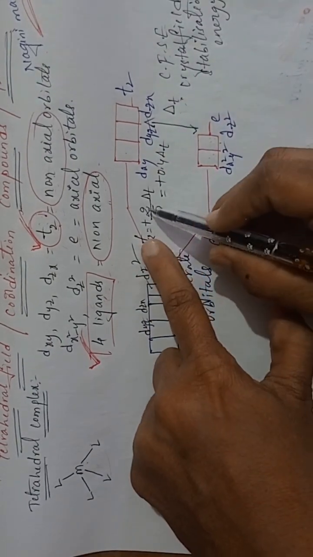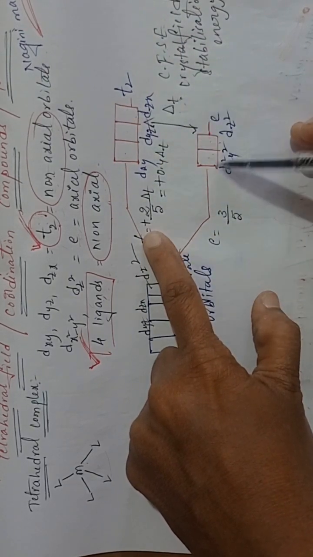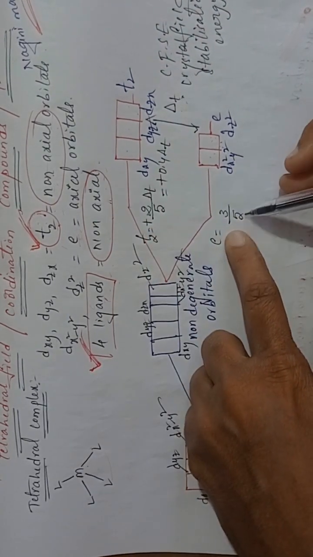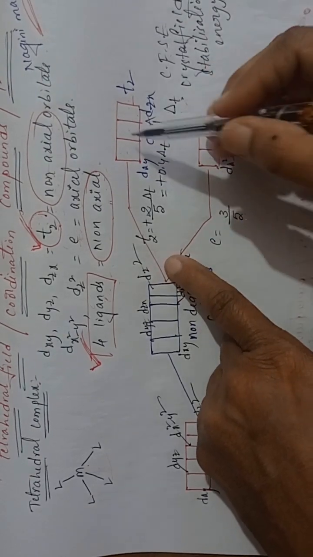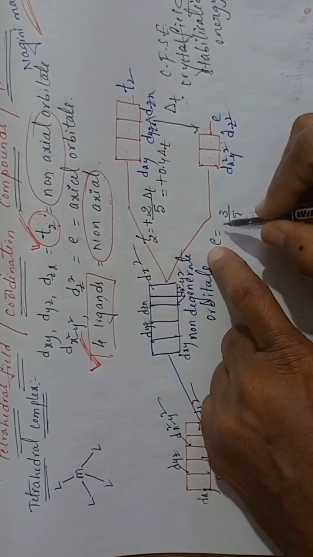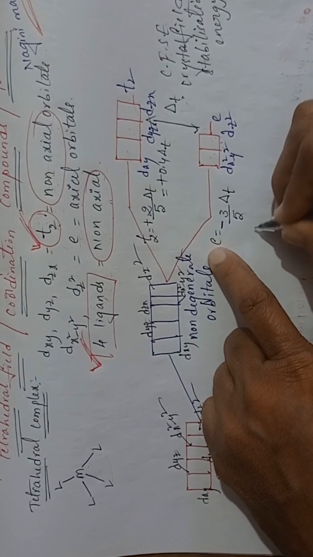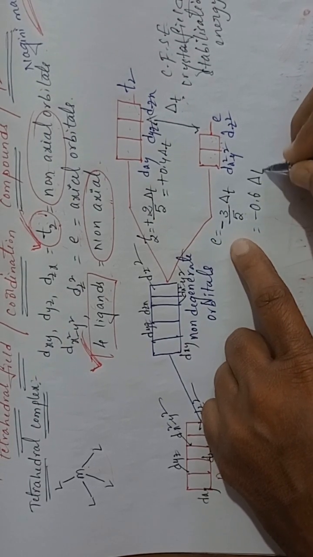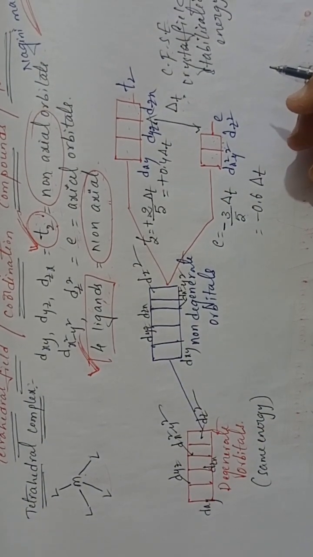So here I am taking 3, which means when we are calculating this energy, this orbitals number you have to take in the numerator. Next, these orbitals' energy is more, positive. These orbitals' energy is less, decreased, so that's a minus, into delta t. Then what will you get, students? Answer minus 0.6 into delta t. Correct? Minus 3 by 5 is nothing but minus 0.6 into delta t.